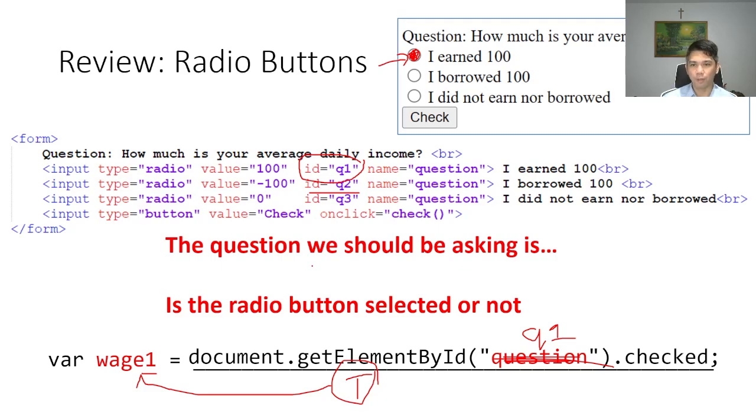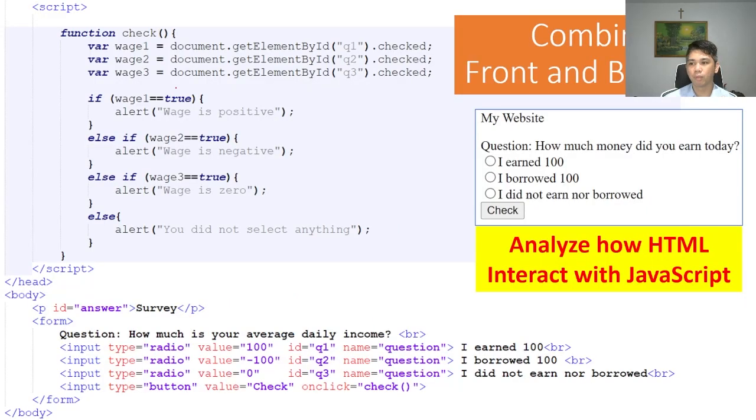So going further, if we will add the back end, the conditional statements, and this radio button input elements, we will come up with something like this. So this is now the combination of a front end and a back end.